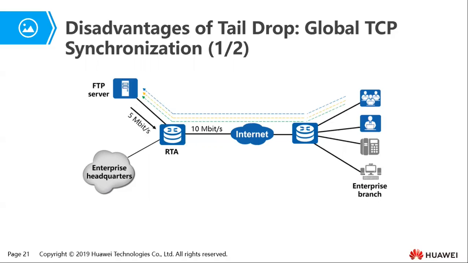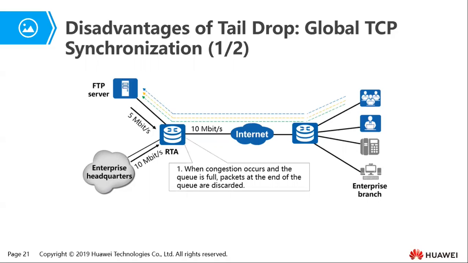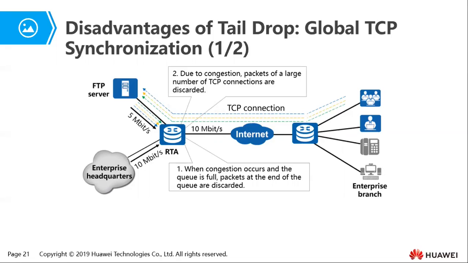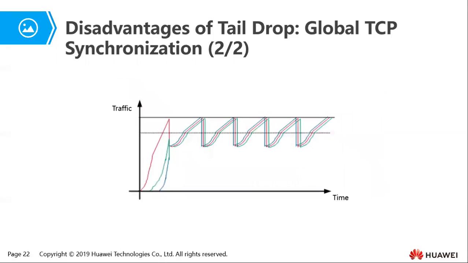Okay, so we have 5 megabits per second there and 10 megabits. So those are 15 if you aggregate them. When congestion occurs and the queue is full, packets at the end of the queue are discarded. Due to congestion, packets of a large number of TCP connections are discarded. So many packets there are going to be discarded.